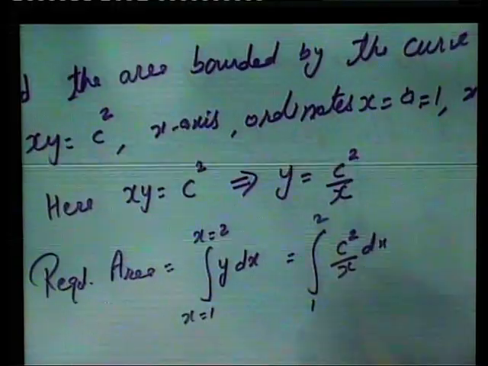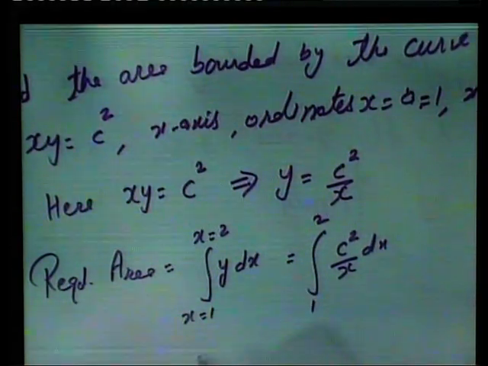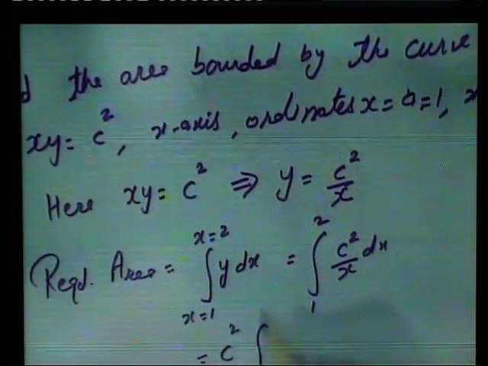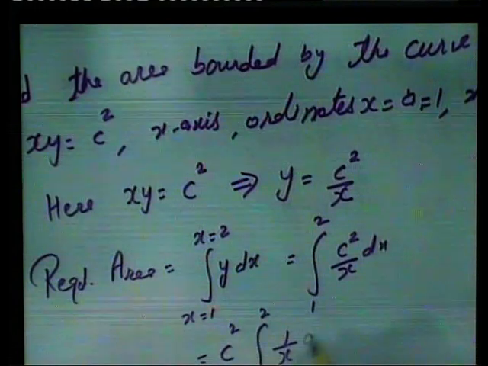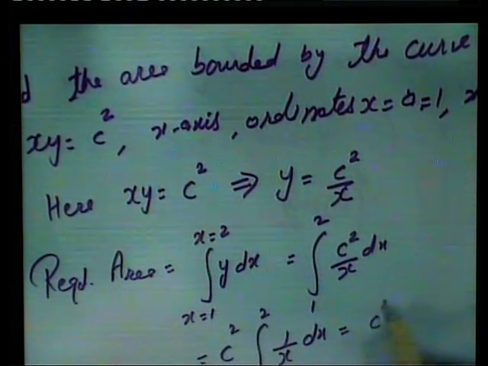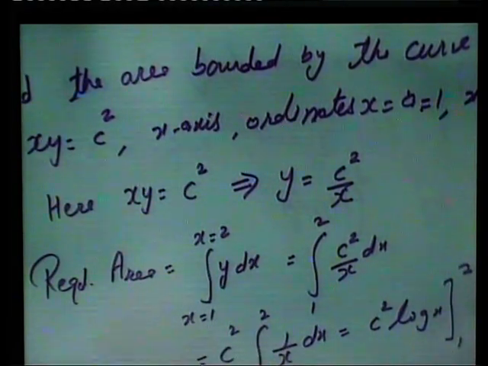Now c square is constant. We will take it out from the integral: 1 upon x dx, and integral of 1 upon x is log x. Limits are from 1 to 2.